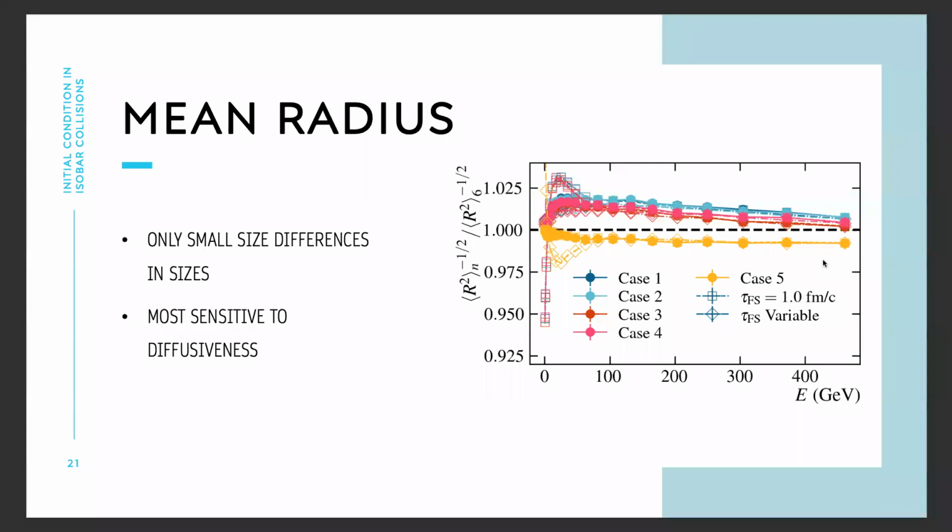The two things that we see changing are due to the diffuseness and the mean radius. They are the two things that seem to matter most. But in any of these cases that I showed so far, we don't see an effect due to free streaming. So that's the main question that I was asking, and the answer so far is that we don't see an effect from these things.